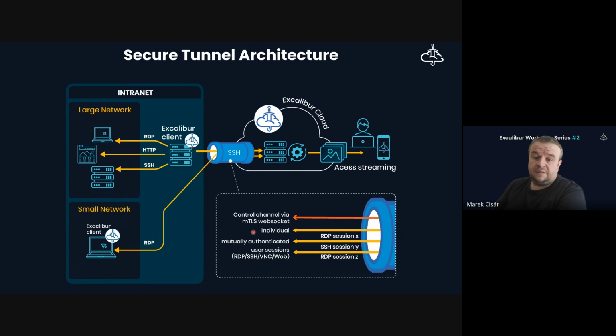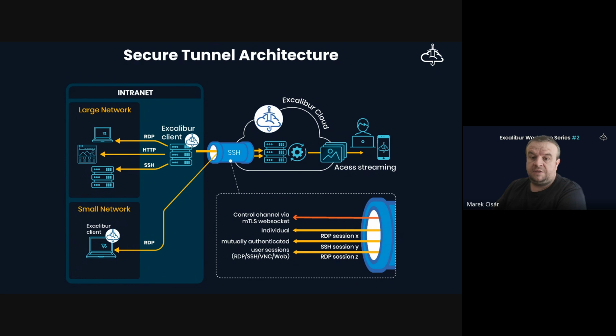Tunneling client by default is not connecting anywhere, only to the Excalibur cloud, and is waiting for instructions. When there is a request to create a new connectivity to a specified PAM target, then each PAM target will have individual TCP tunneled session within the tunneled connectivity.